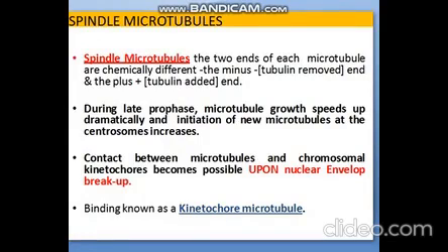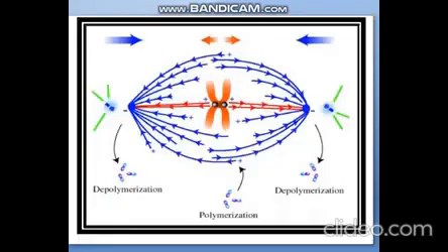During late prophase, microtubule growth speeds up dramatically, and initiation of new microtubules at the centrosomes normally increases. So contact between the microtubules and the chromosomal kinetochores becomes possible when the nuclear envelope is broken down. Okay, so this binding gives the kinetochore microtubules.